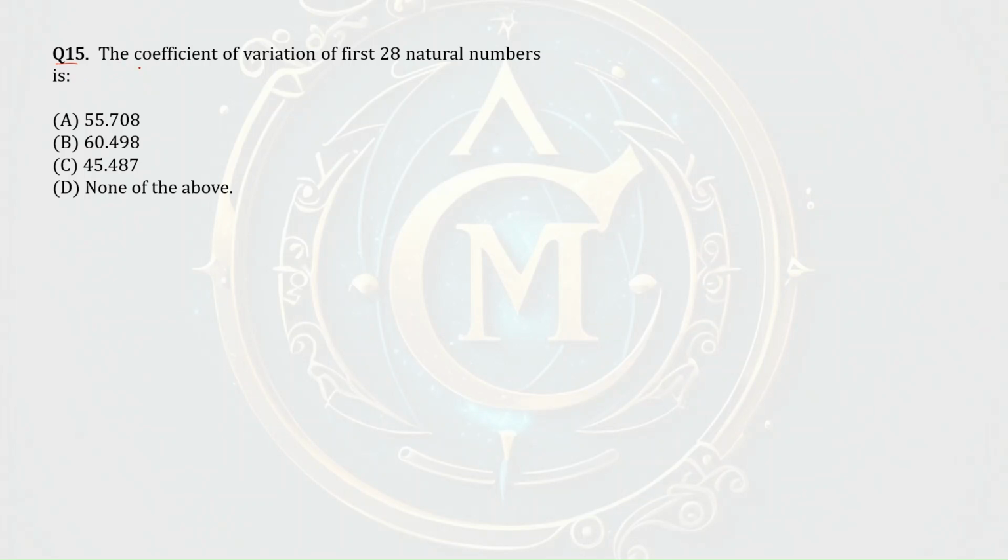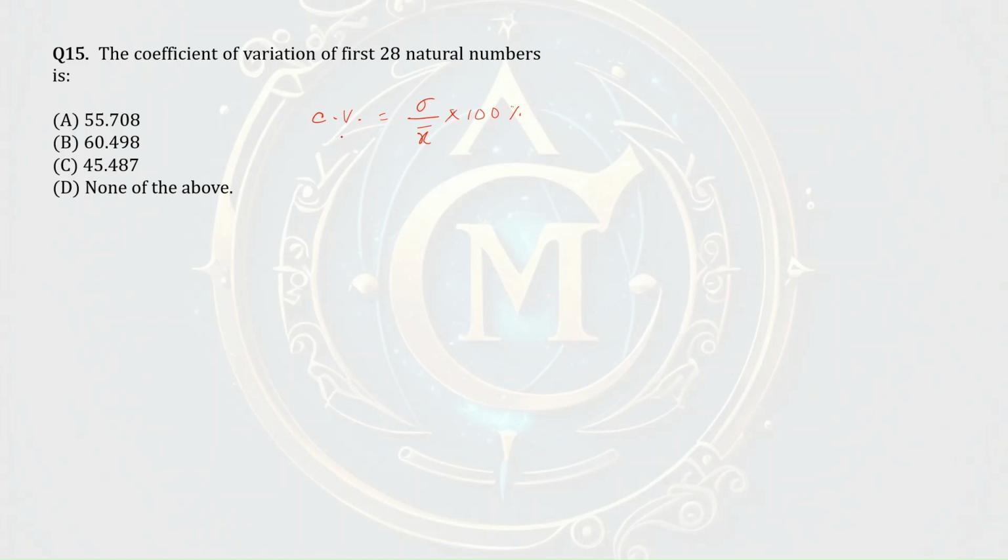It says the coefficient of variation of the first 28 natural numbers is, and 4 options are given. So now we have to recall what a coefficient of variation is. The definition of coefficient of variation, which we denote by CV, is equal to the standard deviation divided by the mean into 100%.